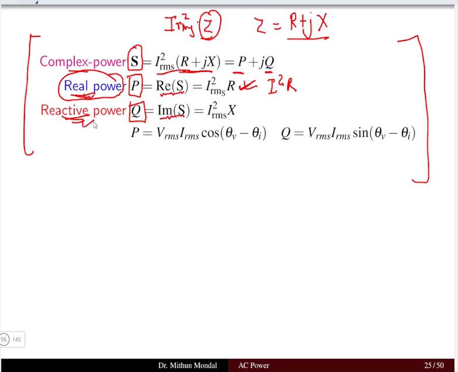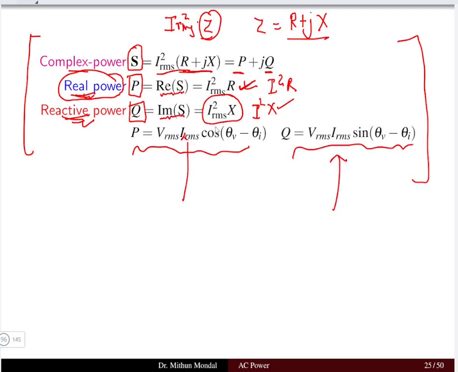Reactive power is I RMS square into X. So we can write this as I square into X, where current is the RMS value. X is basically the reactance, which can be either the inductance or the capacitance, or the cumulative sum of inductance and capacitance.